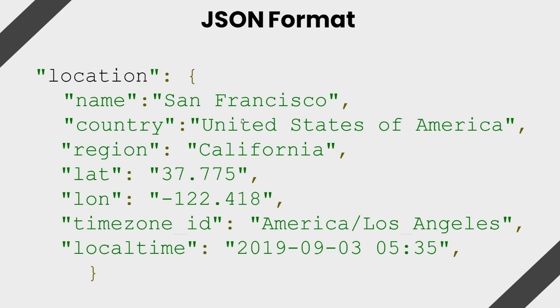For the location, we have the name string assigned San Francisco, the country, the region, the latitude and the longitude. We also have the time zone ID and the local time. This example is actually a weather app API response. I just looked for a random one to use here. So this is how the JSON format would look when you get a response from that API.